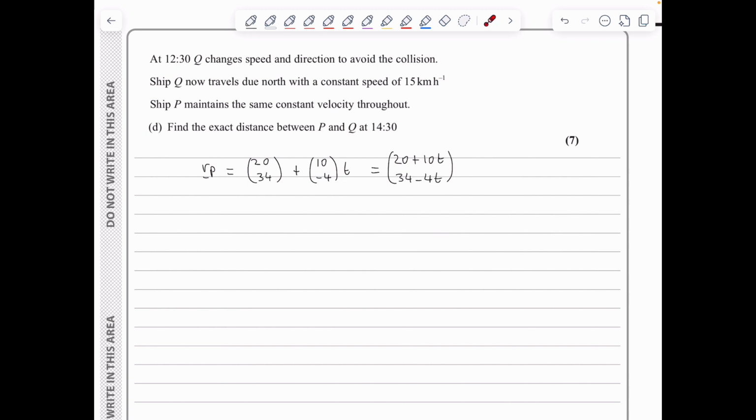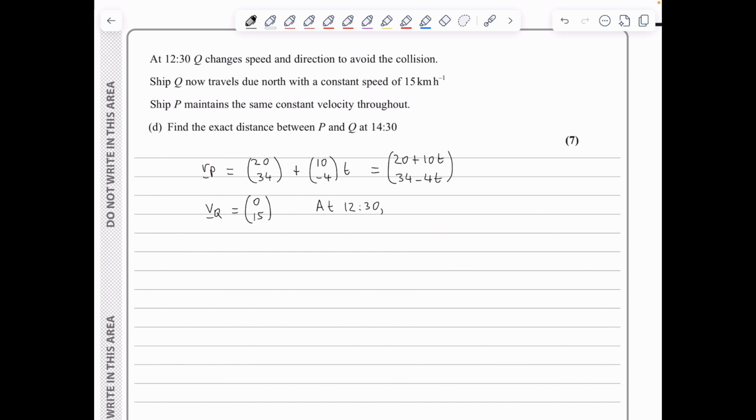So be careful here. t is the time after 12:30, and I will repeat the process for ship Q. So I will start by stating the obvious, that the new velocity of Q is simply (0, 15) because we are going 15 upwards, and at 12:30 I will find the position vector of Q.